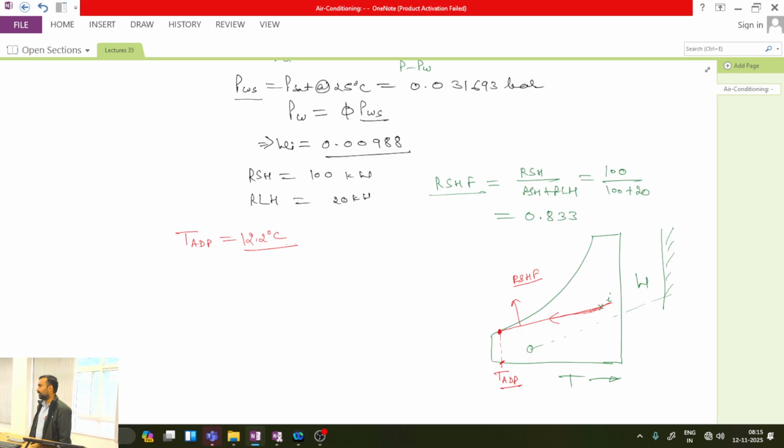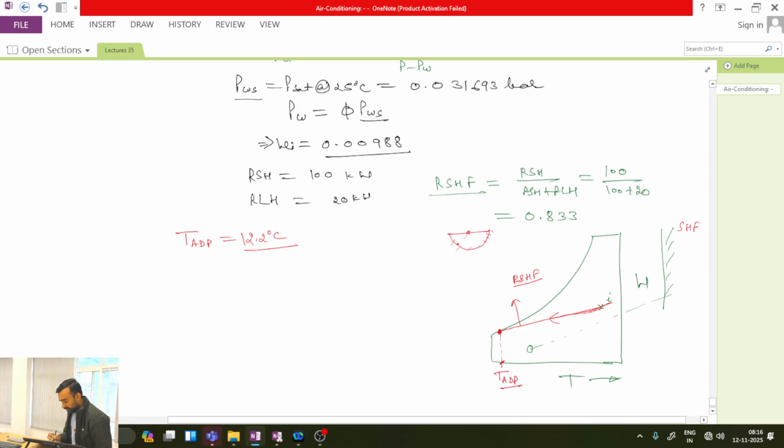Okay, so take a print of the psychometric chart, whatever psychometric chart you are getting. Some of you may get psychometric chart where you will be having SHF scale over here. Some of you may get psychometric chart where you will be having some protractor over here to mark the different values of SHF. So when you use this one, with reference to this point, you will be getting a value somewhere over here.